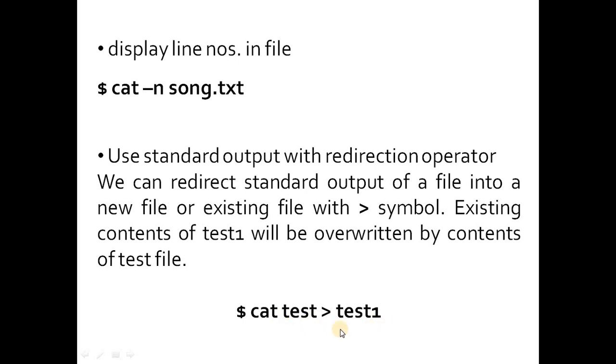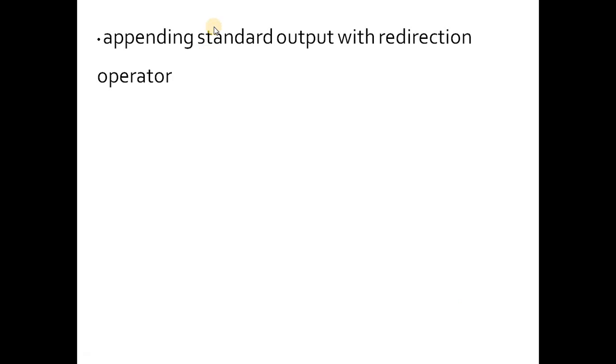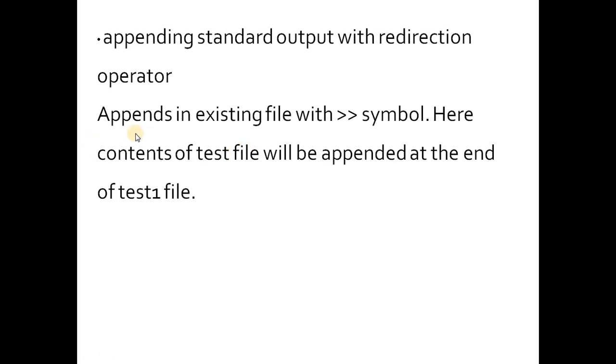If we want to keep the previous data as well as add new data, we are going to use the next option, that is appending standard output with the redirection operator. It appends to an existing file with double greater than sign symbols. Here the contents of the test file will be appended at the end of the test1 file.